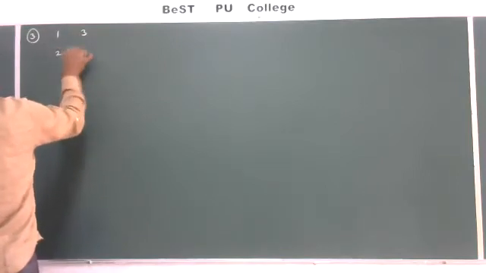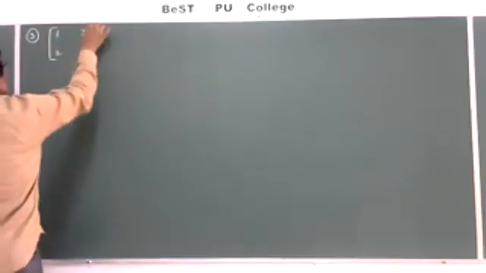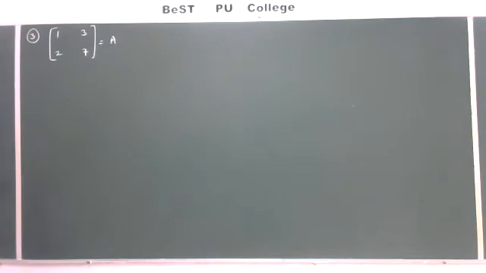I think the second question is over. And the third question in 3.4: A is equal to the matrix 1, 3, 2, 7.